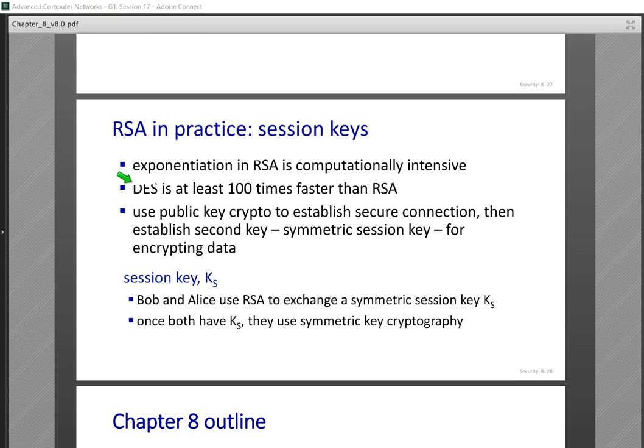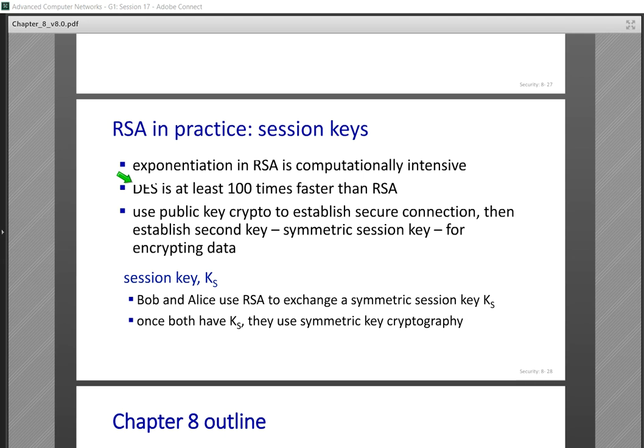The solution is easy. During the first steps of setting up the connection between Alice and Bob, they can start with RSA.